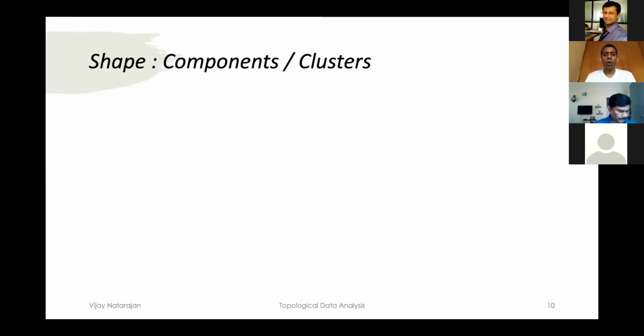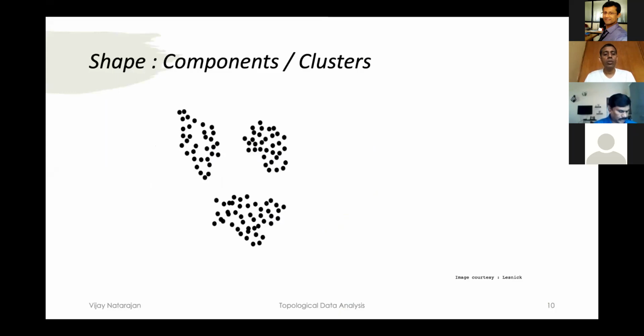So what do we mean by patterns in this high dimensional data? Something that would be common is to look for connected components or clusters. Again, many of you may be familiar with this.